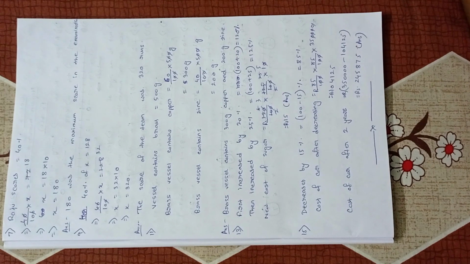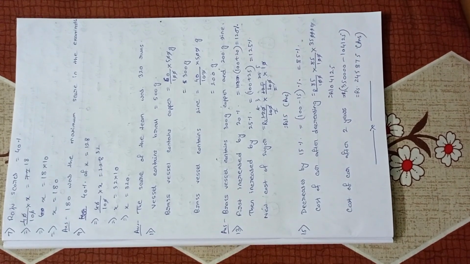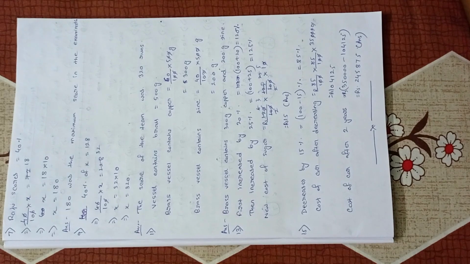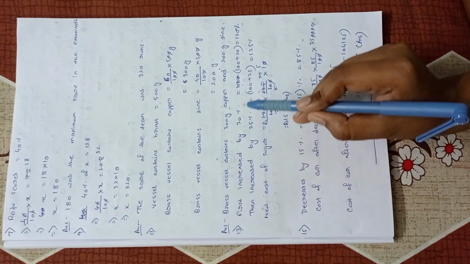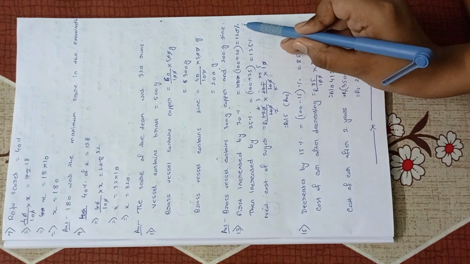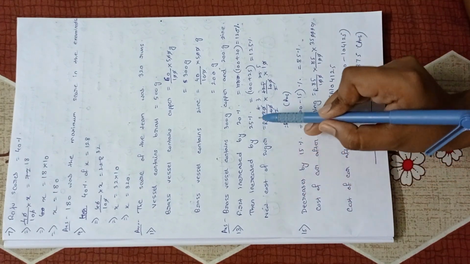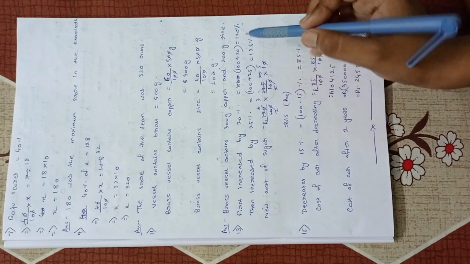Okay, next, see number 13. The price of the sugar was rupees 10 per kg. If it increases first by 20% and then by 25%, what is the new cost of sugar? So it was first increased by 20%. That means 100 plus 20, 120, and then increased by 25%. That means 100 plus 25, 125 percentage.